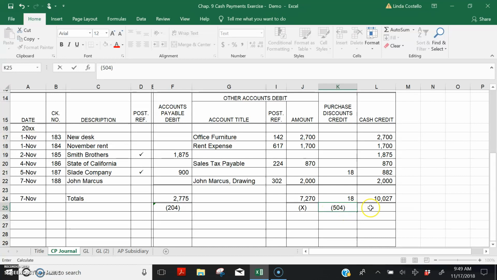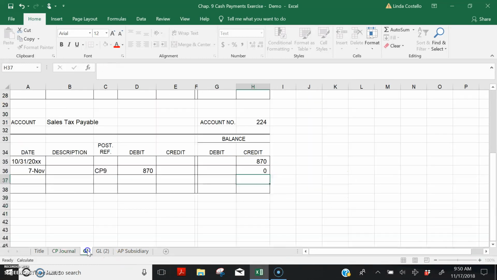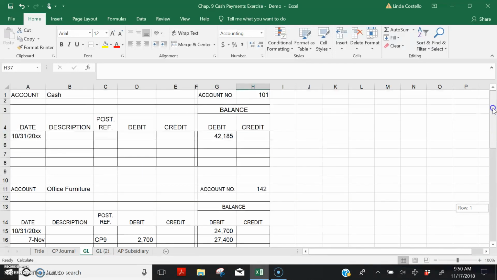And finally, we need to post this $10,027 credit to cash. Turn to account number 101 in the general ledger. November 7th, CP 9, credit $10,027, leaving a $32,158 debit balance in the account.